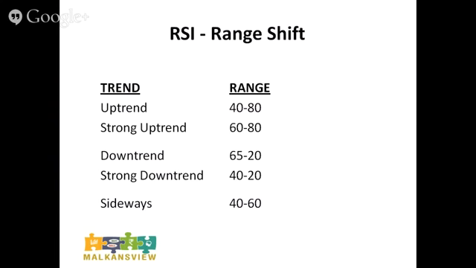Let's check the other concept called reverse divergence. What we have seen till now is normal divergence, which is when price makes a new high and RSI does not make a new high. It means the trend is exhausting.